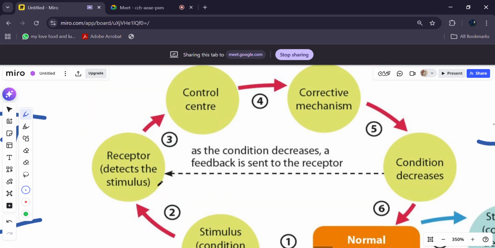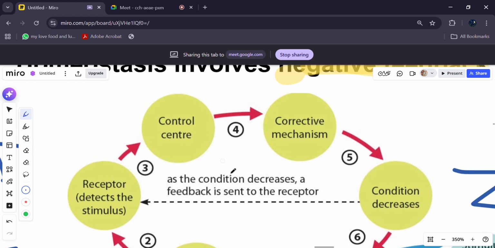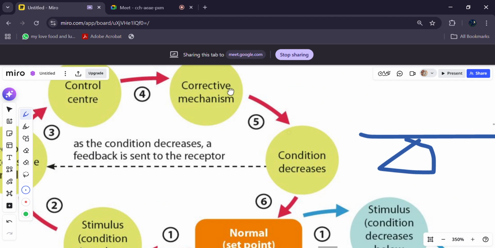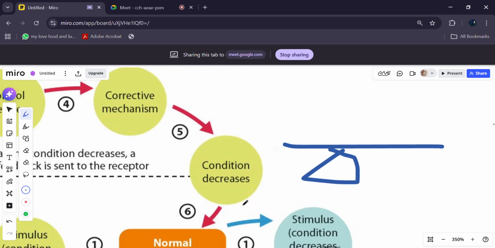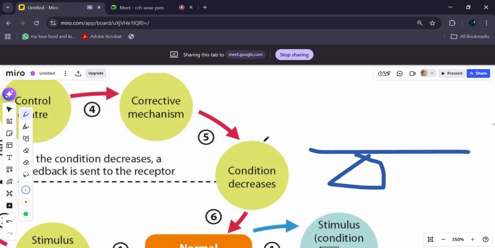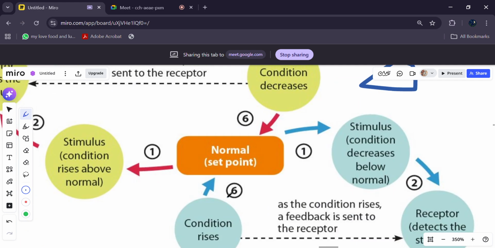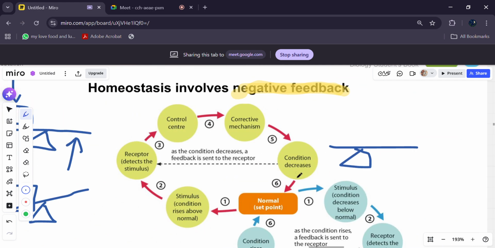The receptor detects this stimulus and sends the message to the control center. The control center sends the messages to the corrective mechanism, and this corrective mechanism may create a change to allow the condition to decrease, setting it back to the normal set point, and it's officially a loop. This entire process is considered negative feedback.